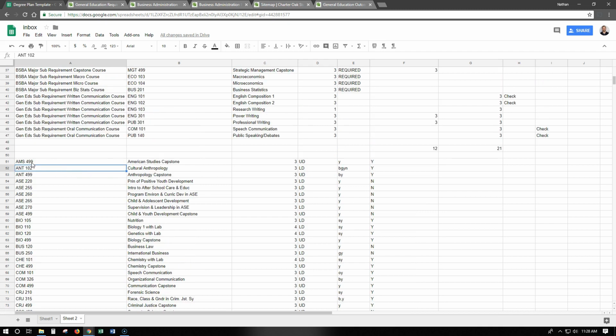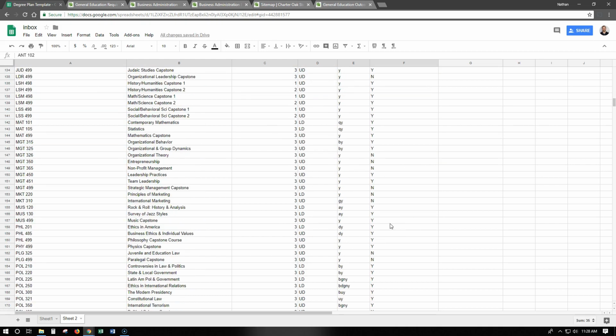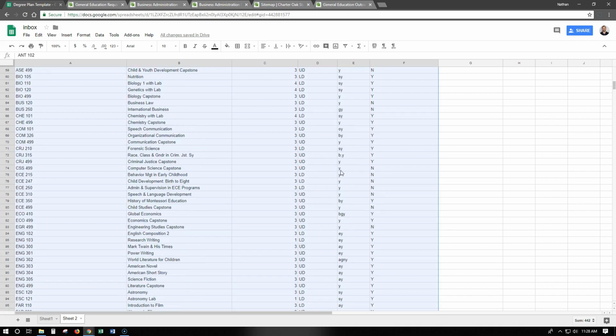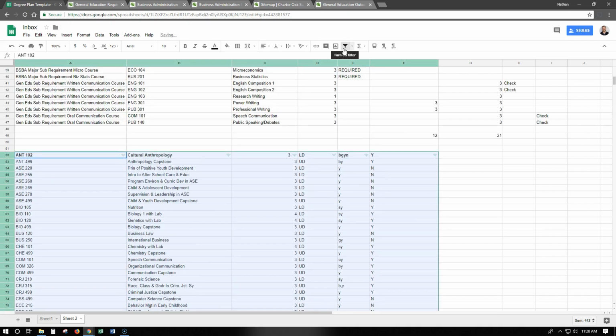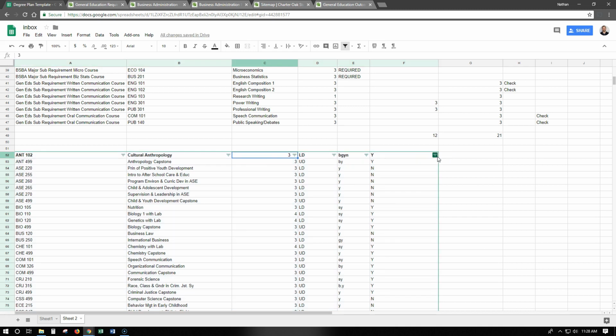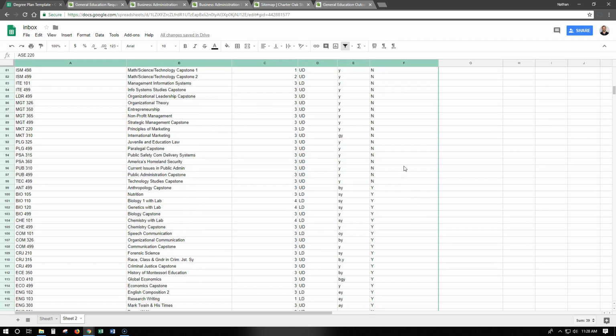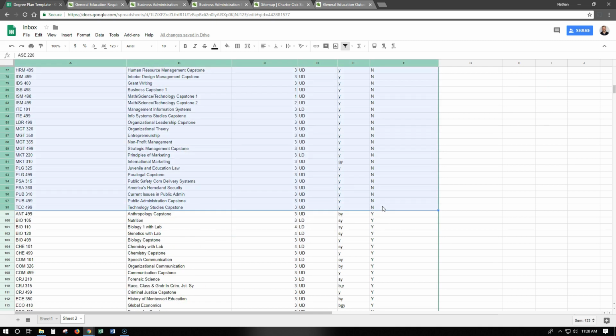Anyway, it might be easier for you to look at these this way and say, I don't need this American Studies capstone, so forget it. Or to put a filter on here, select the area you want, hit this filter button. Now we can filter these, and then we're going to filter by this liberal arts section, and then just go, we don't need any of the courses that don't have liberal arts.